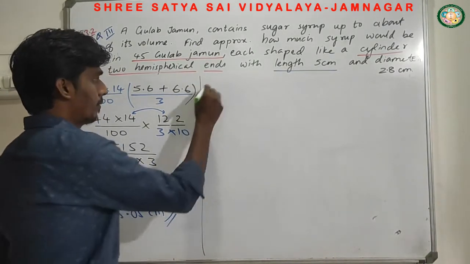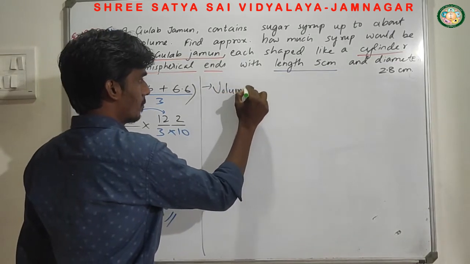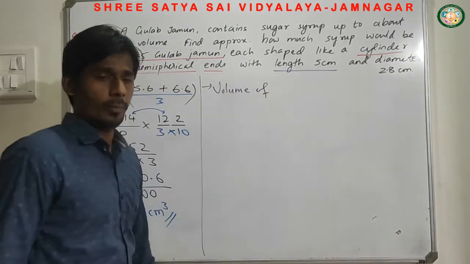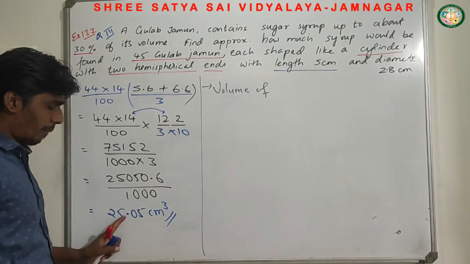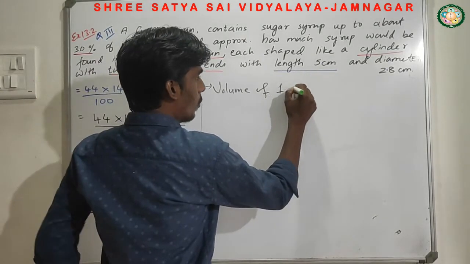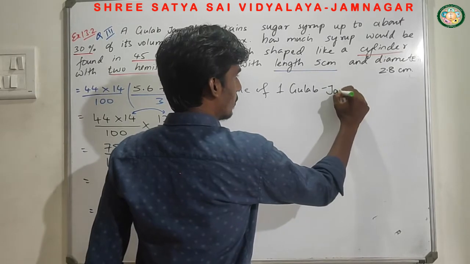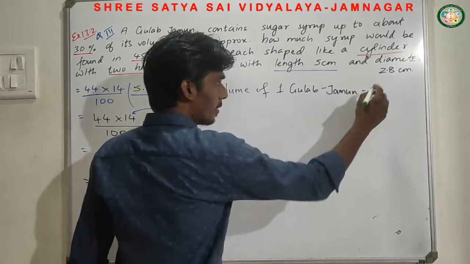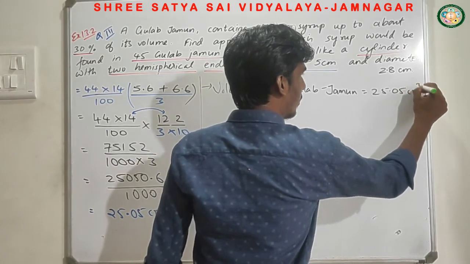Now we can write, volume of 1 gulab jamun is how much? 25.05 centimeter cube.